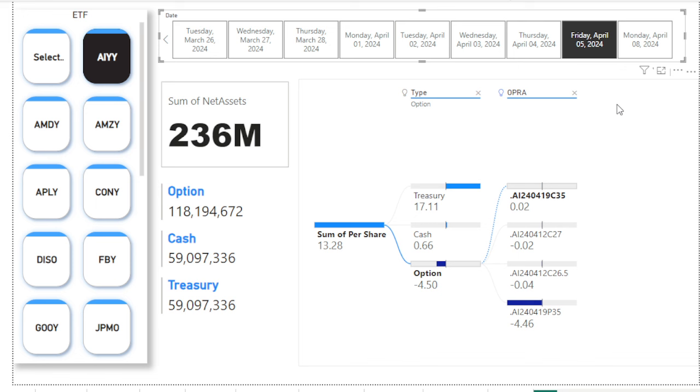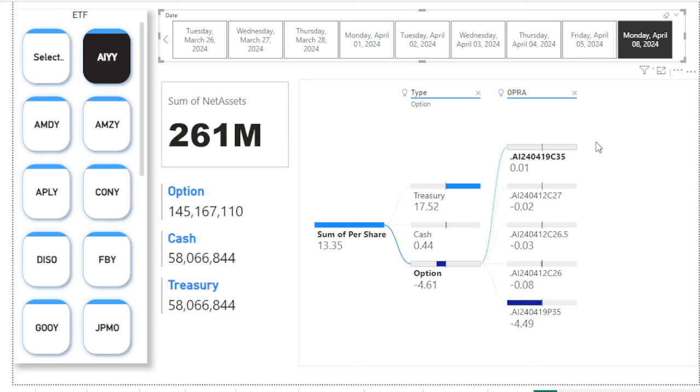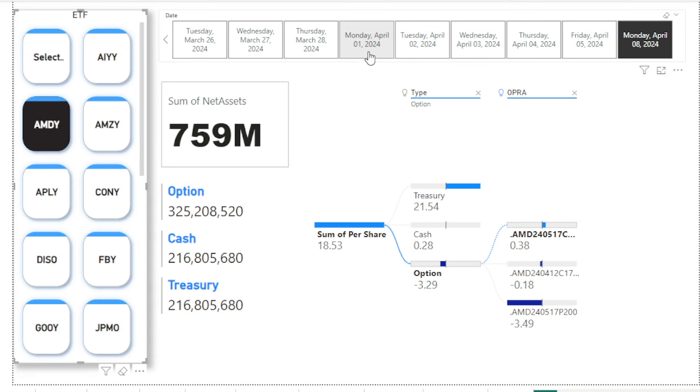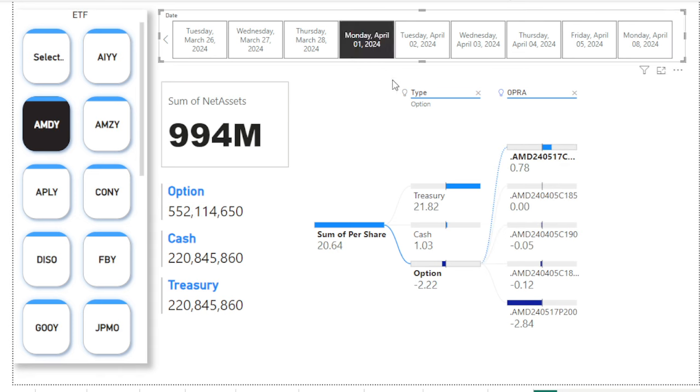and hopefully once I hit the subscriber goal, maybe I'll get a payout and then see how much I can reinvest back into the channel in the form of maybe a new laptop or something, or even better, a workstation. So then I can do this properly, and for example, I can switch over to AMDY and show you the difference.